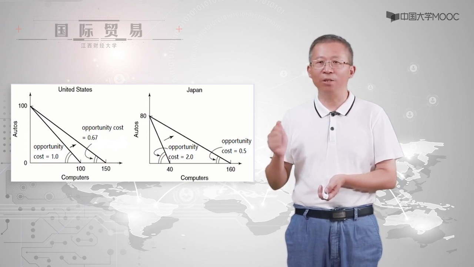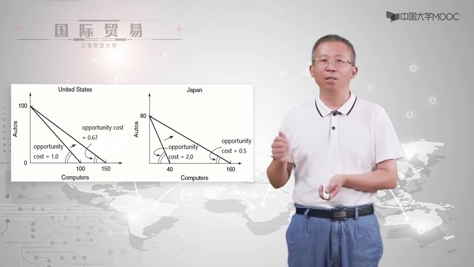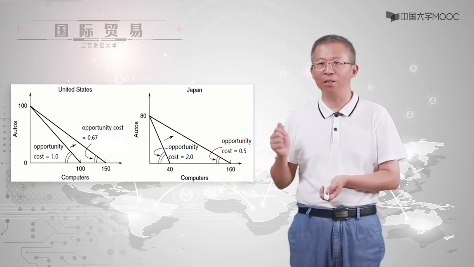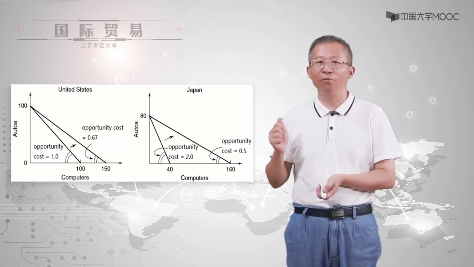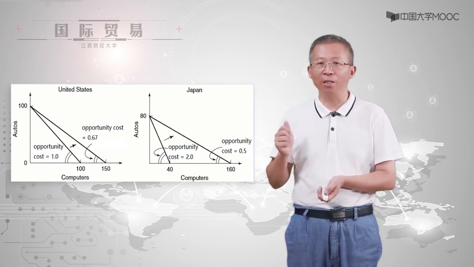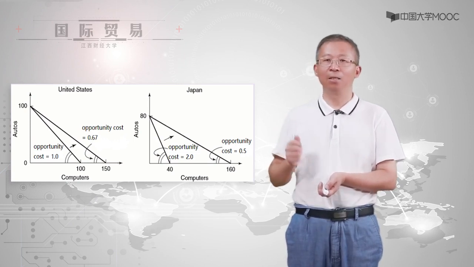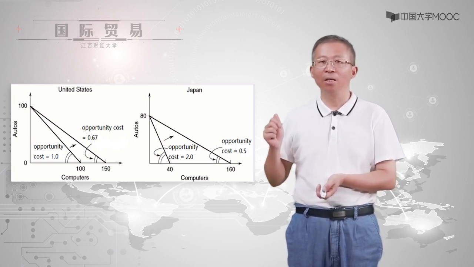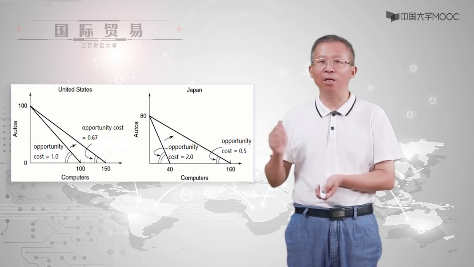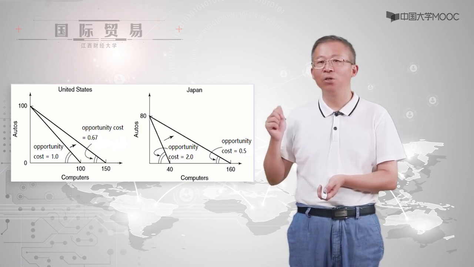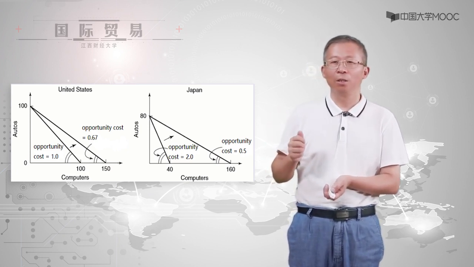Because of these productivity gains, the production possibilities schedule of each country rotates outward and becomes flatter. More output can now be produced in each country with the same amount of resources.